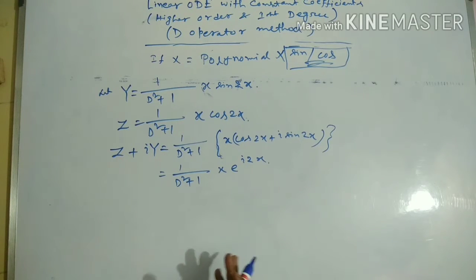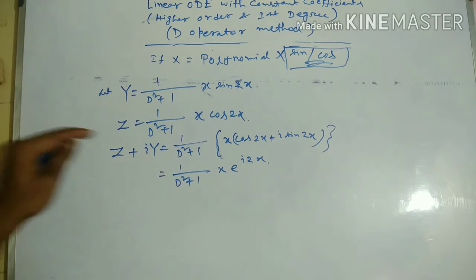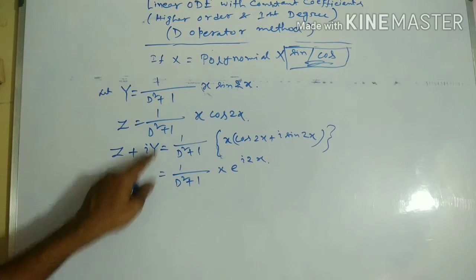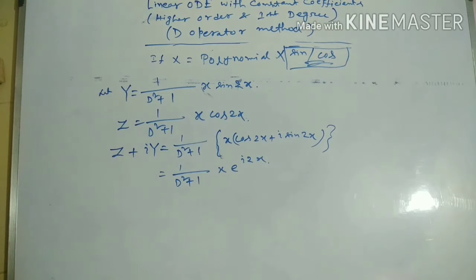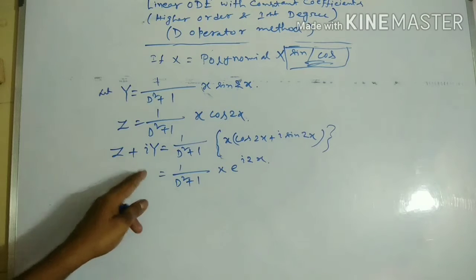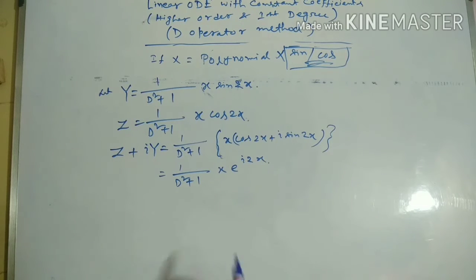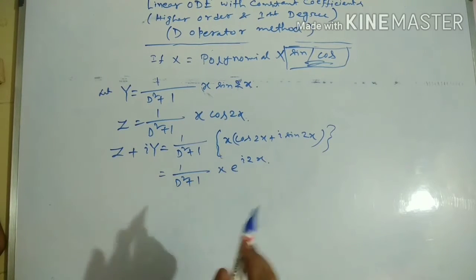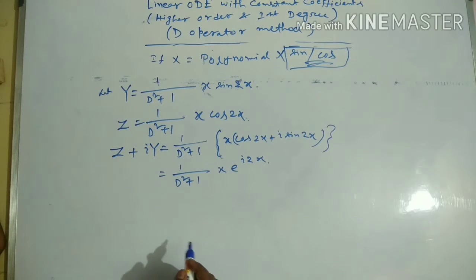This is the reason I put i with y. Whether it is in y or z, whichever has the sine function, I will be multiplied with that function, so that we can get an exponential function.